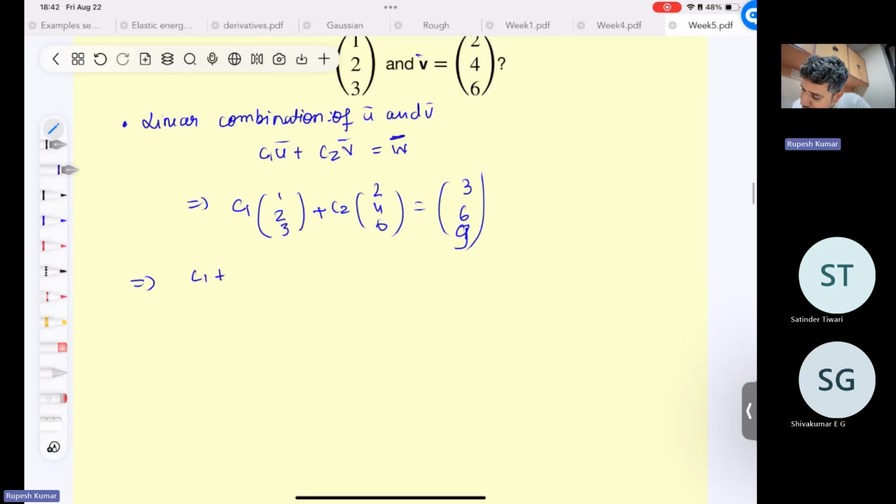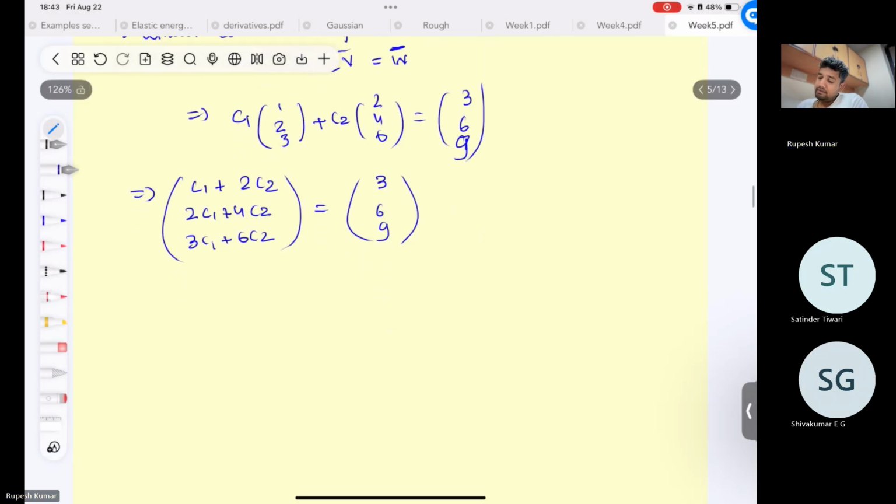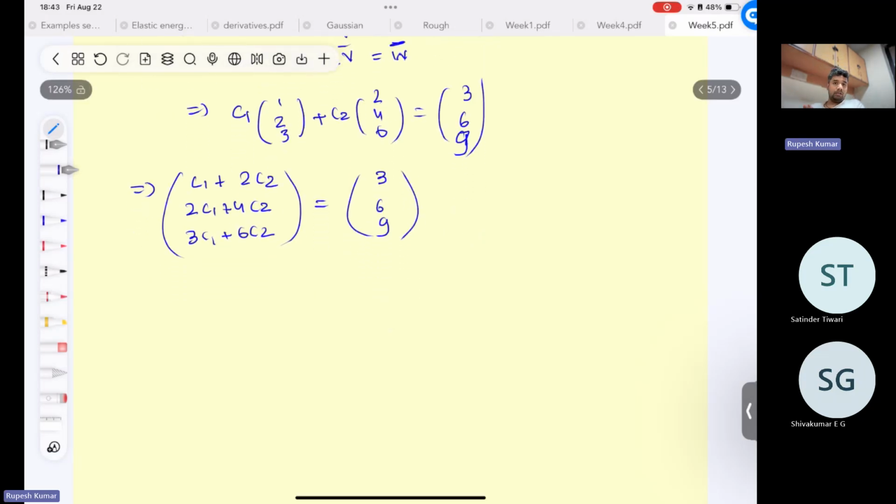So C1 plus 2C2 is the first component. It is simple scalar product with the vector and then vector addition. 2C1 plus 4C2, and you get 3C1 plus 6C2. This is the vector on the left hand side, and on the right hand side you get the vector (3, 6, 9). You are saying these two vectors are the same.